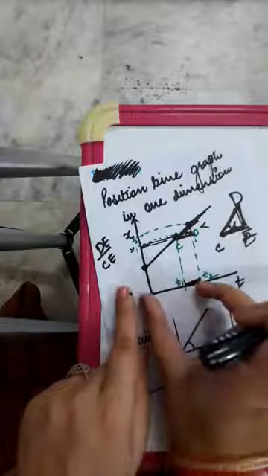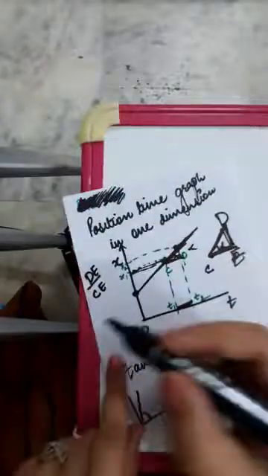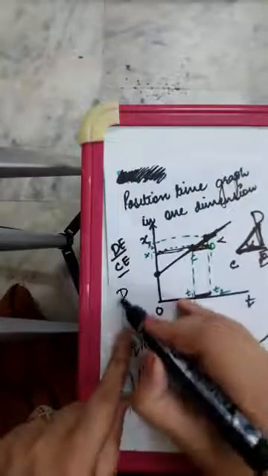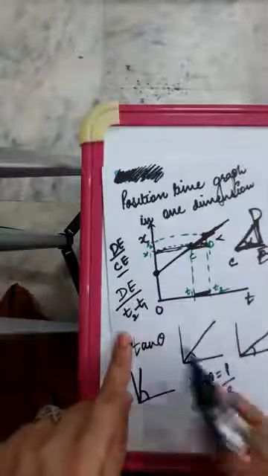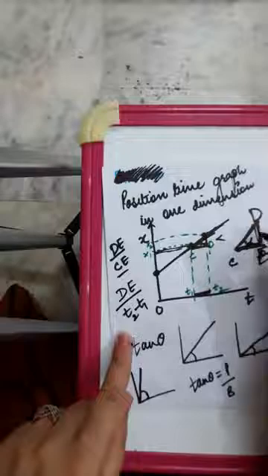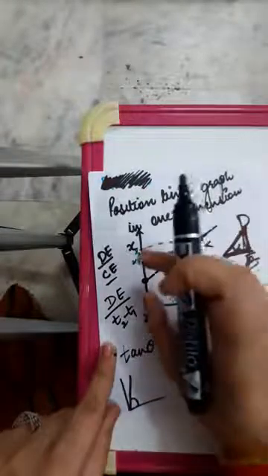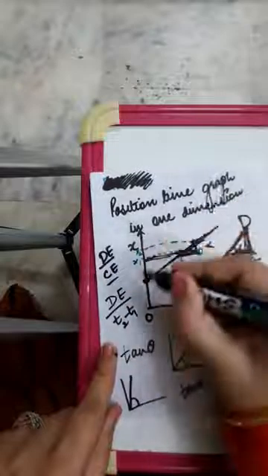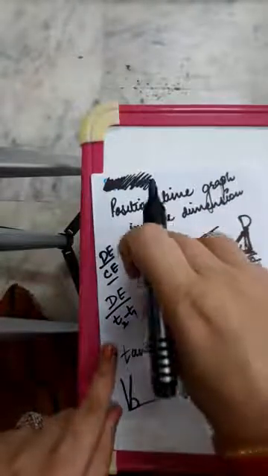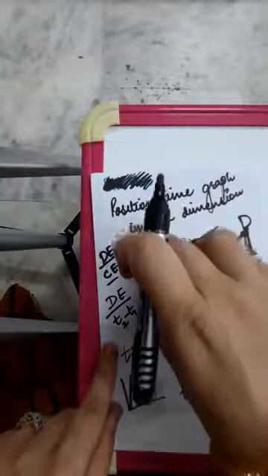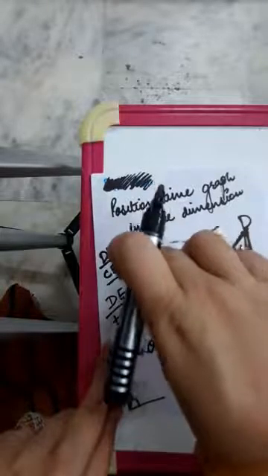So the value of CE is t2 minus t1. And DE is this perpendicular, which is equal to this distance. This complete one is x2, this complete one is x1. So x2 minus x1 is the value of DE.